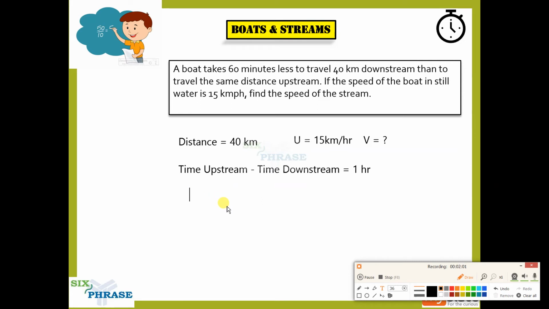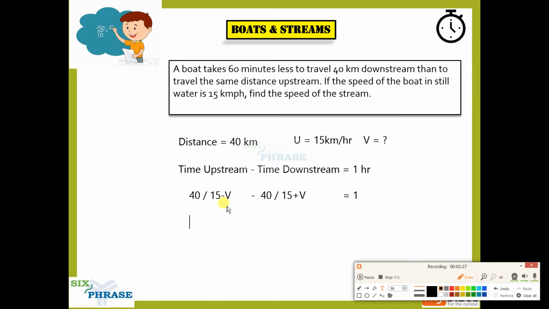Time is equal to distance by speed. So distance is 40. Speed is u minus v, so 15 minus v, right? Minus, what is time downstream? Again, distance by speed. Speed here will be 15 plus v. Yes. So this whole thing will be equal to 1. Okay, so this should give you the answer, guys. So with all this you will get v's value.